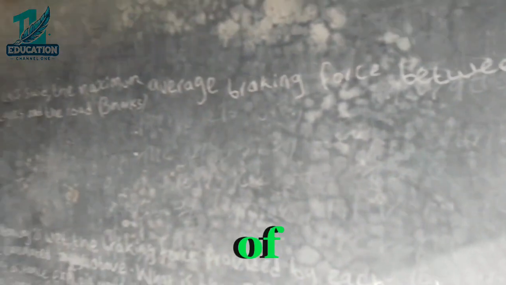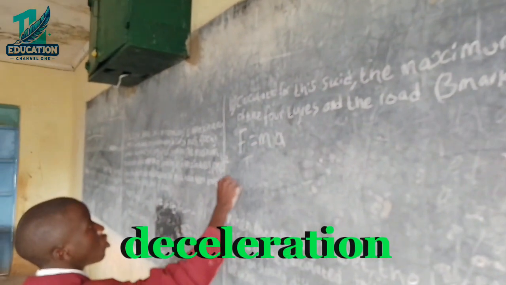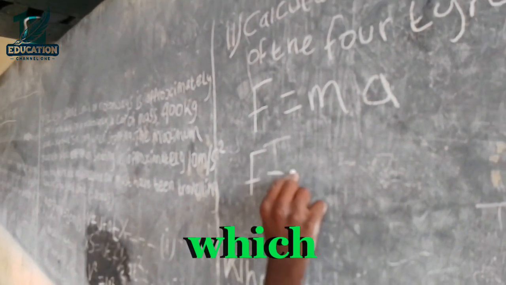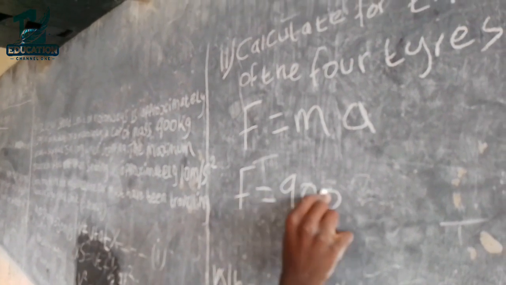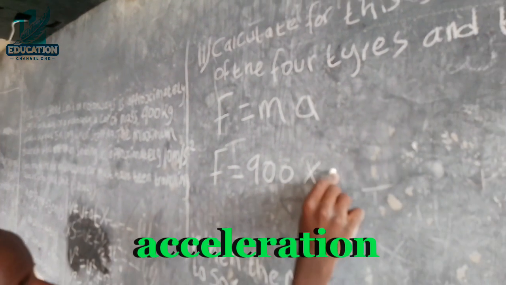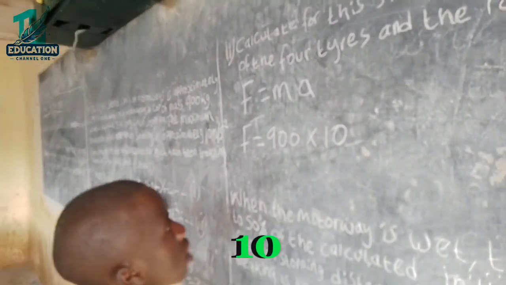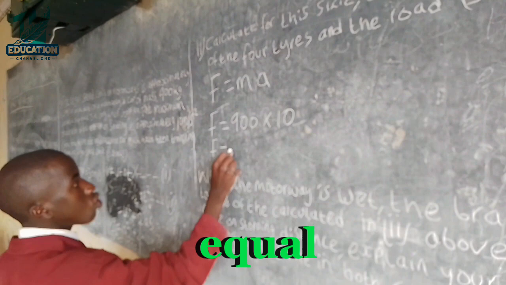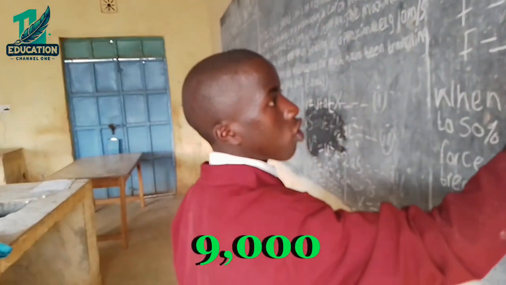We have the mass of the car and the deceleration. So F is equal to mass, which is 900, times the acceleration, which is 10. So we will have F is equal to 9,000.